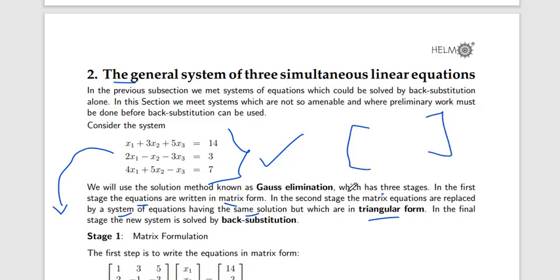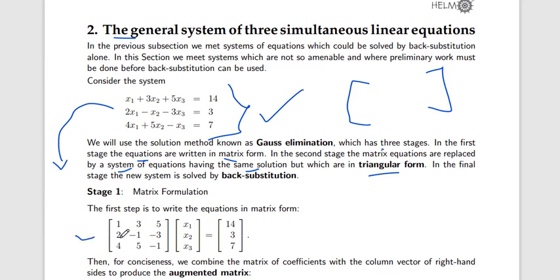What is the second stage? In the first stage we transfer them into matrix form. Okay, this is done. Now we will transfer this matrix into triangle form. We will discuss different types of triangle, upper triangle and lower triangle.